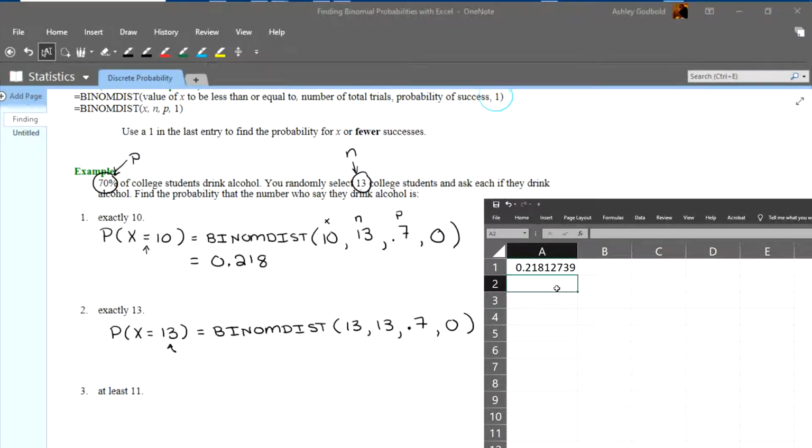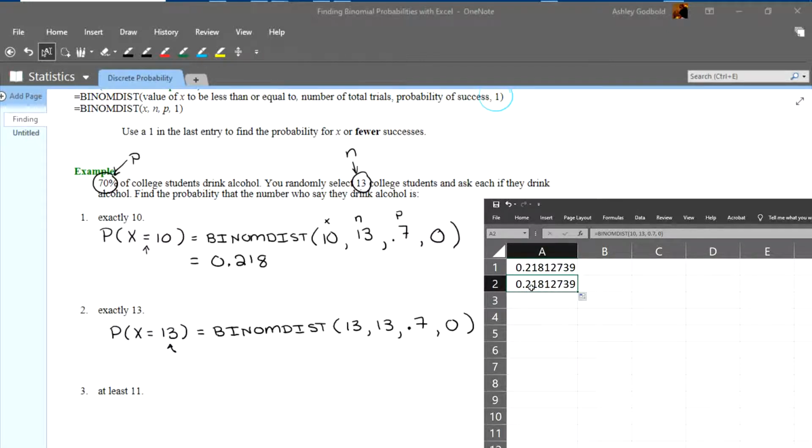So I could type this all out again if I wanted to, but I'm not going to. I'm going to cheat. Well, it's not really cheating. It's reducing the amount of work I have to do. If I look at this, you can see this is pretty much what I need, except one number is going to be different. So I am going to just use this little cursor here and drag it down, and that will copy the exact same thing.